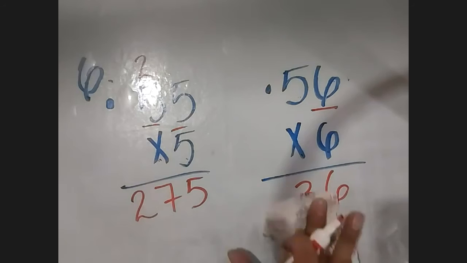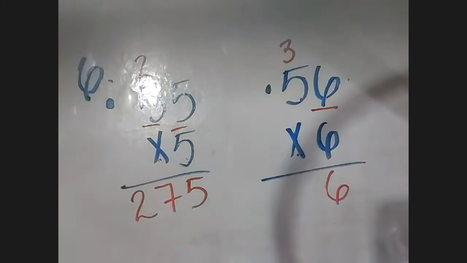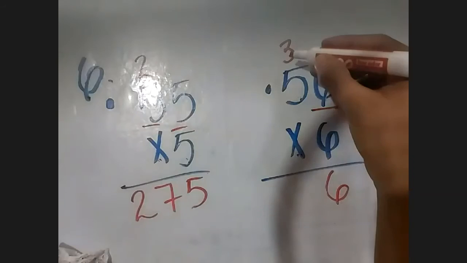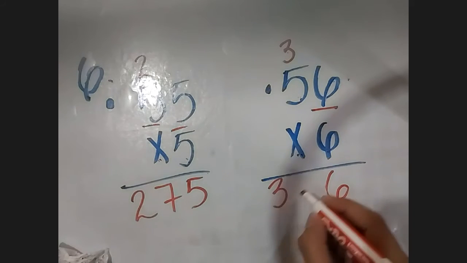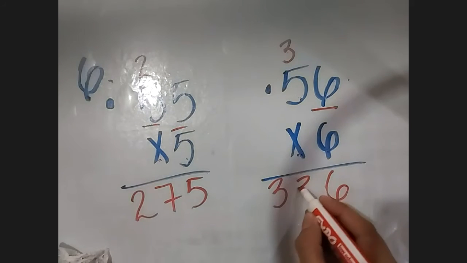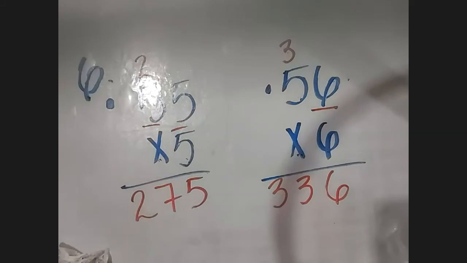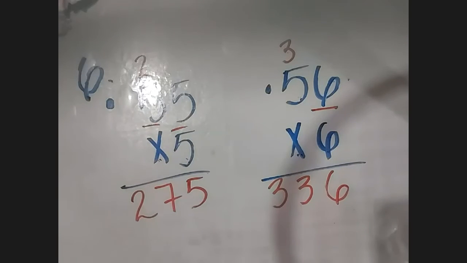No, because I need to multiply more numbers. 6 times 5, 30. 30 plus 3, 33. Can I write the two numbers? Yes, because there are no more numbers to multiply.